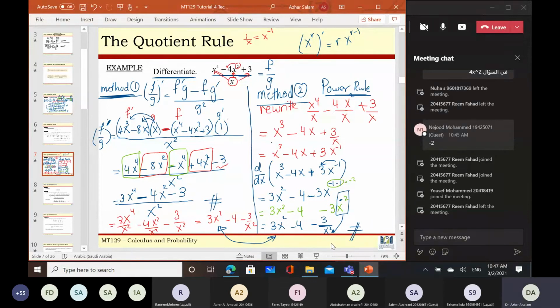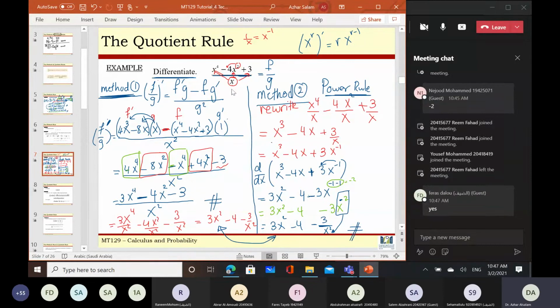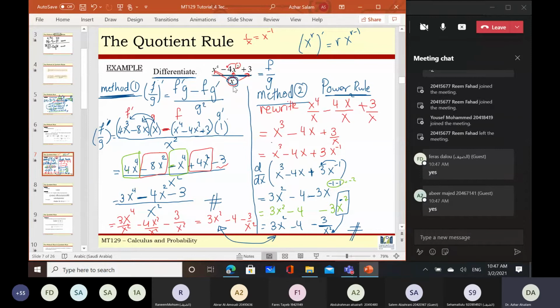واضحة طريقة القسمة؟ Just before we move on, notice that أن هذه الطريقة method 2 I here distribute this denominator, since I have only one term. But for example, if I have here x plus 1, I can't use this method.